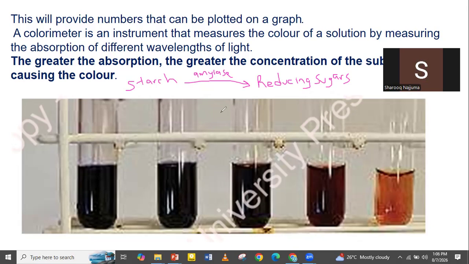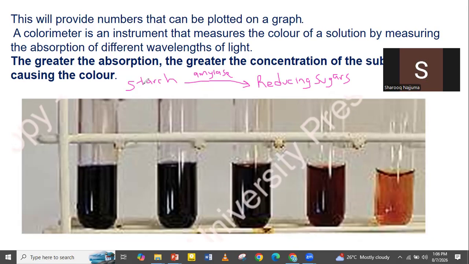Now, some reactions can be tracked using both the product and the reactant, but usually you just have to choose one to use. In this case, you have starch being broken down to reducing sugars, and someone is investigating the progress of that reaction, finding out how fast the amylase is working.